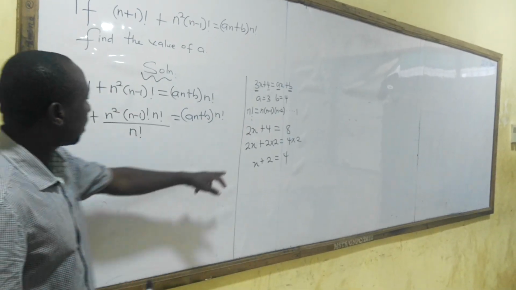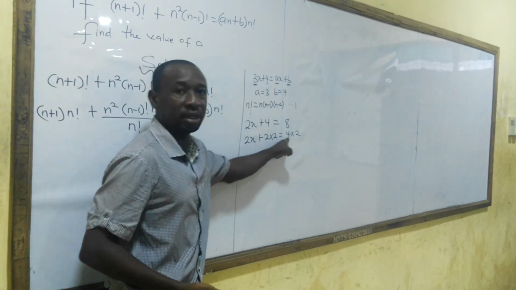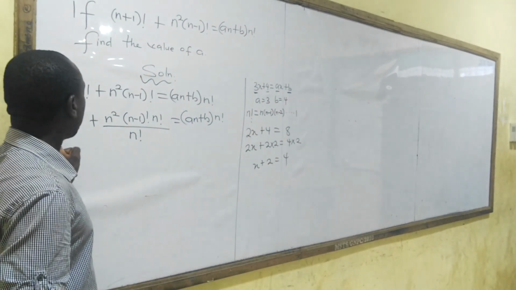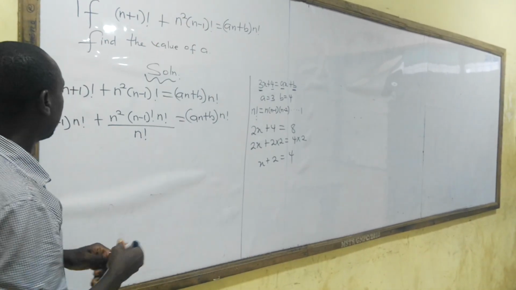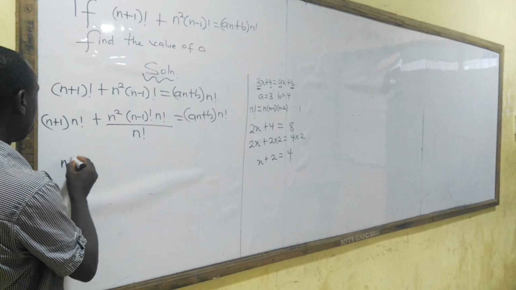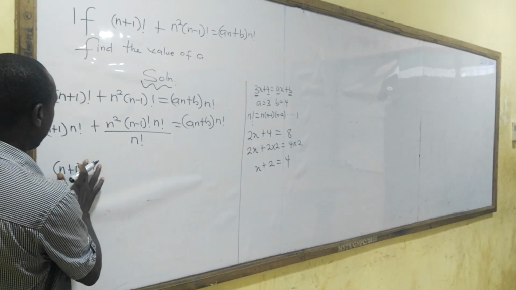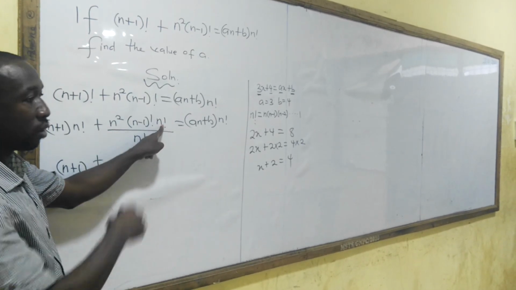So, like I stated over here, 2 is common throughout the equations. n factorial is common throughout the 3 expressions here. So I can cancel them out. And that will give me n + 1, the n factorial will vanish, plus this n factorial will also vanish.